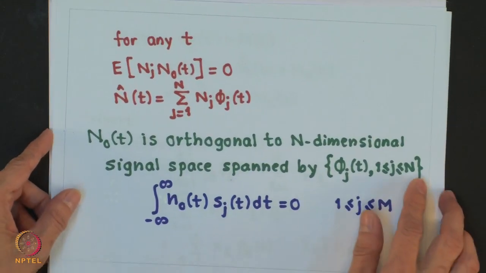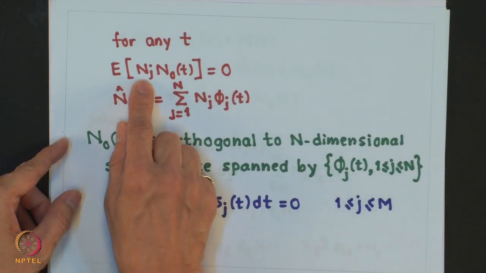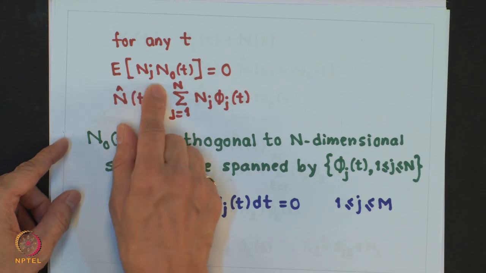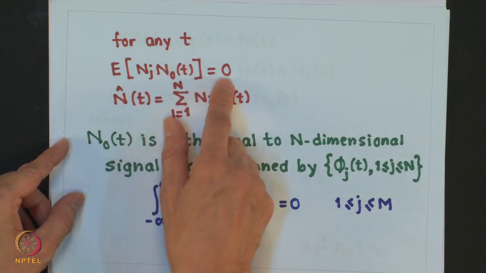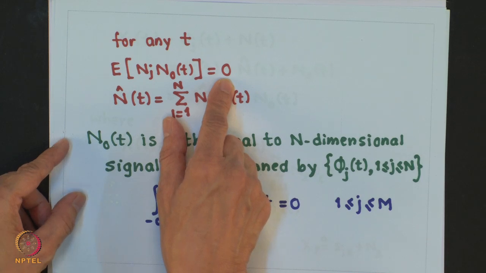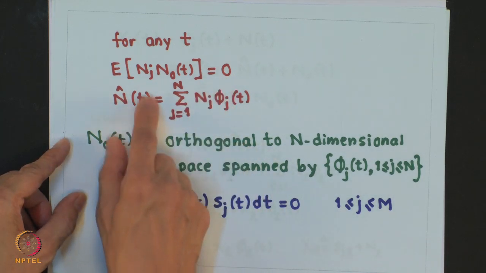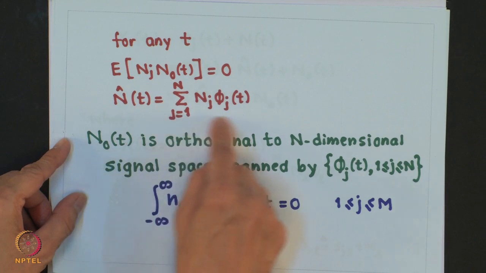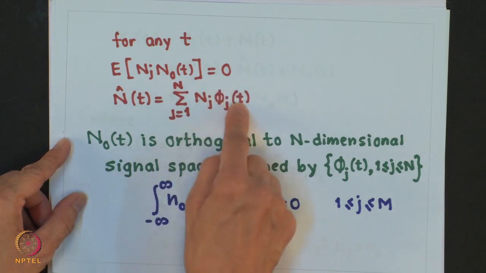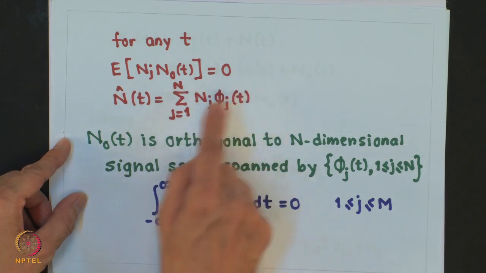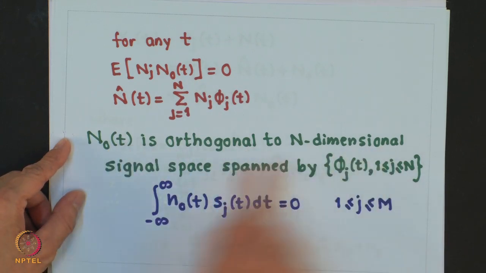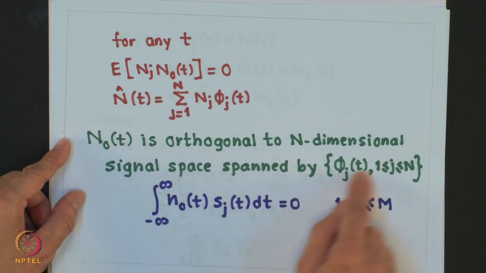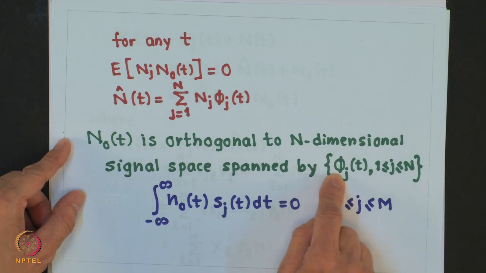And we have also shown that this random variable nj and n0t for any t turns out to be 0, and this n hat t is nothing but the expansion of the basis signal phi jt. So, what it implies is that n0t is orthogonal to the N dimensional signal space spanned by phi jt, correct.